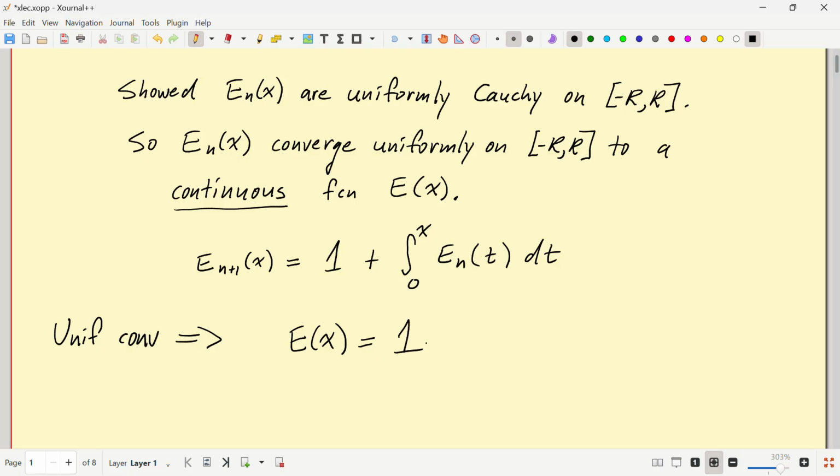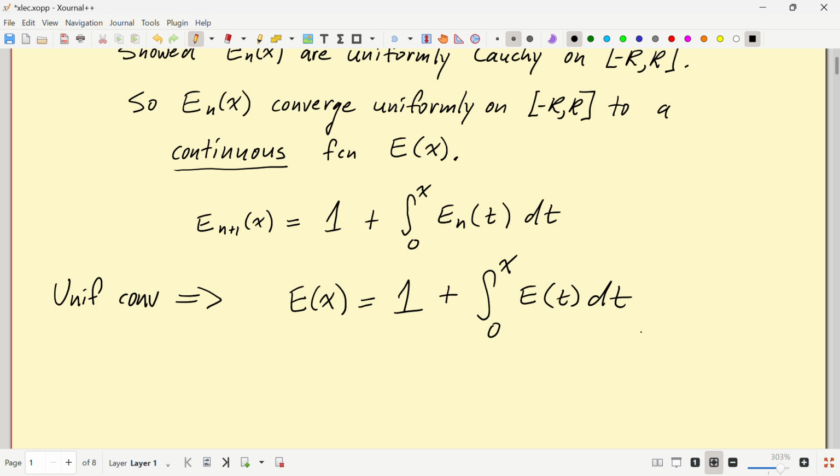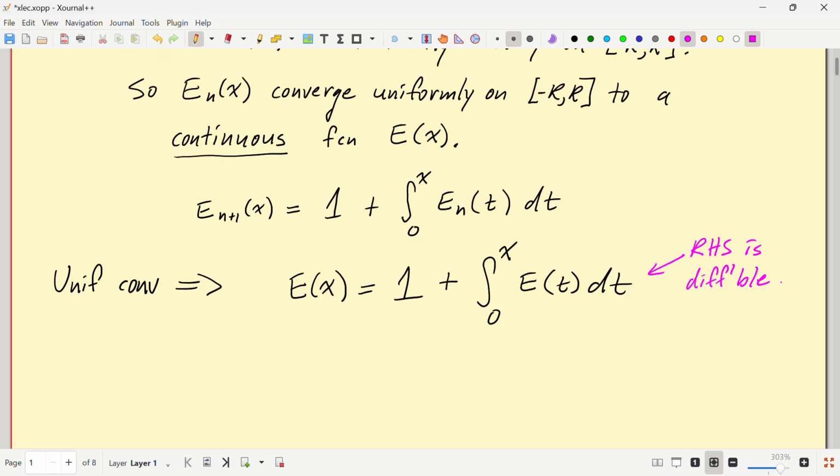And we know that when the E_n's converge uniformly to something on an interval, the integral converges to the corresponding limit function integral. Okay, and that's an exciting thing to look at. All we know is that E of x is continuous. But notice that this right-hand side is differentiable by the fundamental theorem of calculus. And so the left-hand side is differentiable, which means E of x is differentiable.